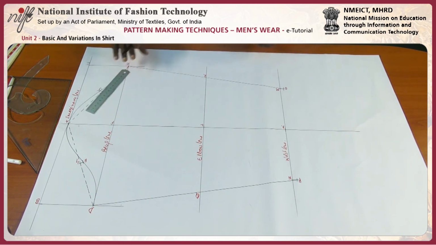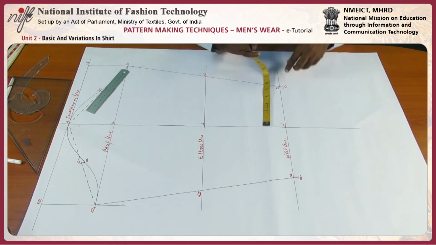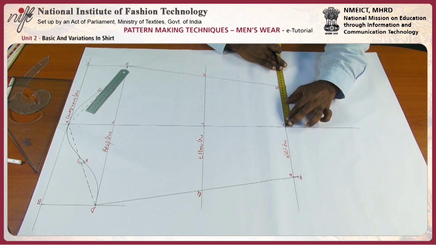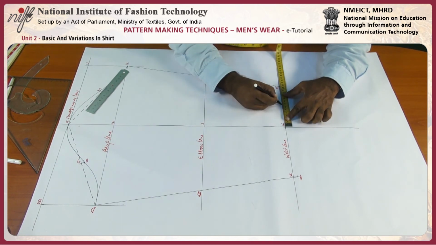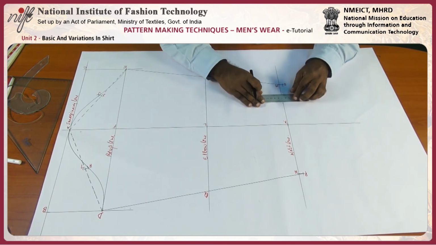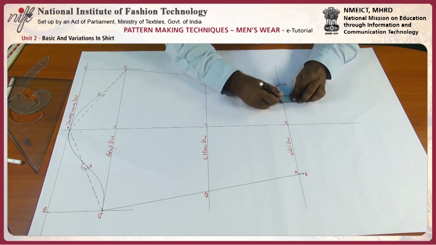So, K to M is 14.25 centimeter. Half of that will be 7.1. And give a cross mark.